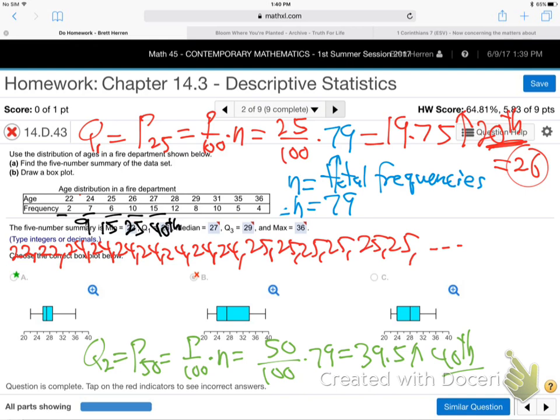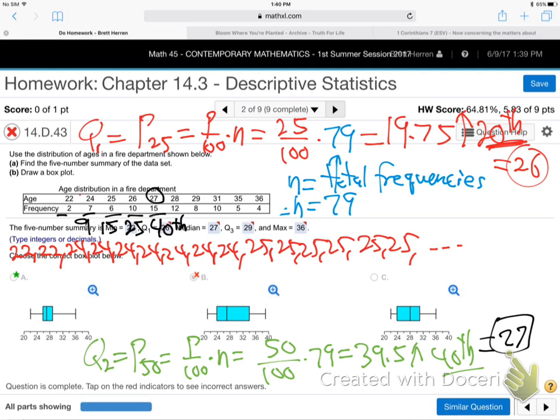The 40th number is that last 27. Does everybody see that? Is that good? So the 40th number is 27. Sure enough, the median, the P50, is 27.